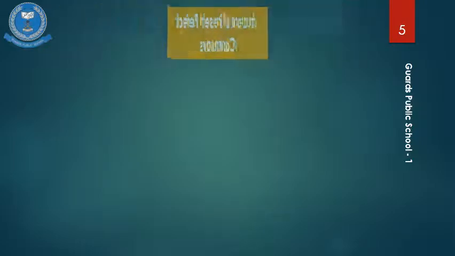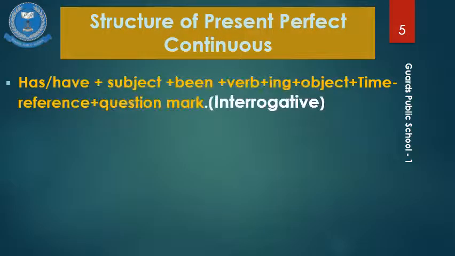In an interrogative sentence, you have to write has or have in the beginning, then add the subject. After the subject, write been and the ing form of the verb, then write the object. After the object, write the time reference, and then add a question mark, which is a very important part of your interrogative sentence.